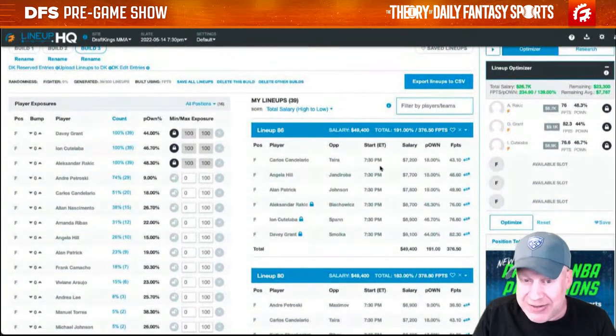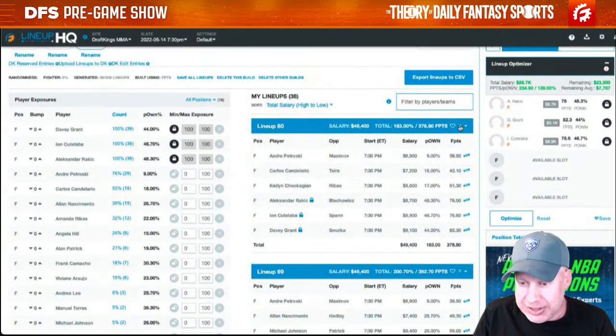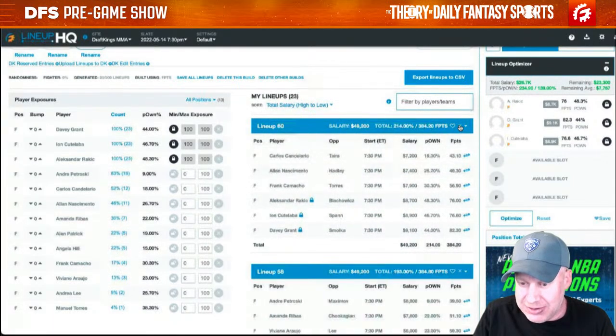Now, the ones that spend 50,000 or close to it are probably going to be more like over 20, over 30, over 40. But let's go down even further. Let's get rid of the 49.4 lineups. Let's keep going down and get rid of the lineups that spend 49.1, 49,000.